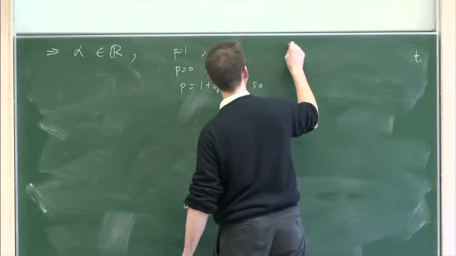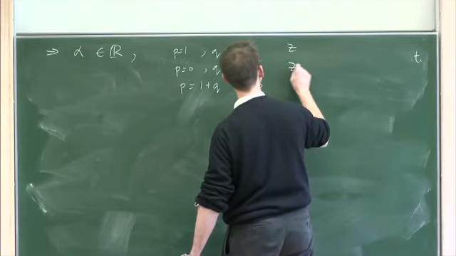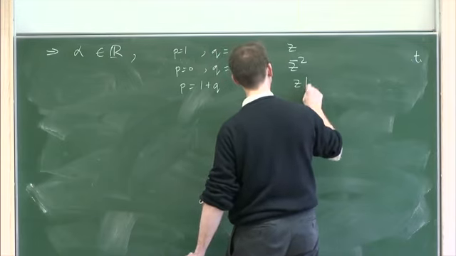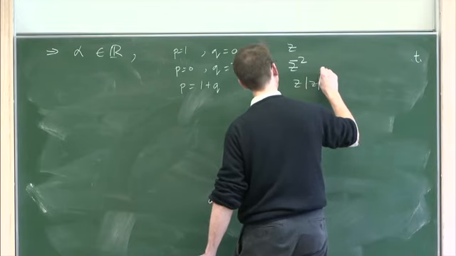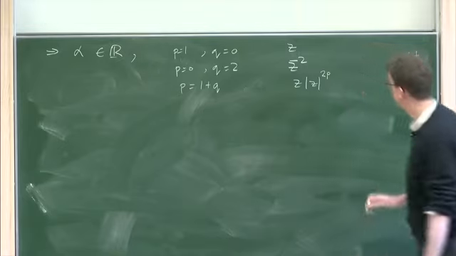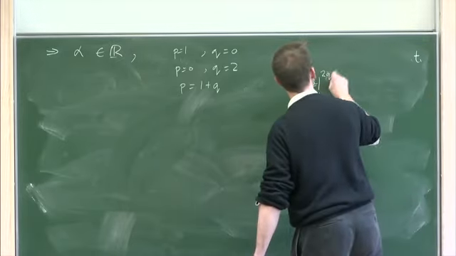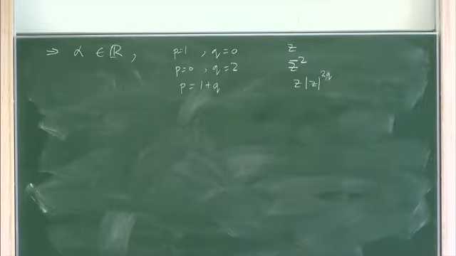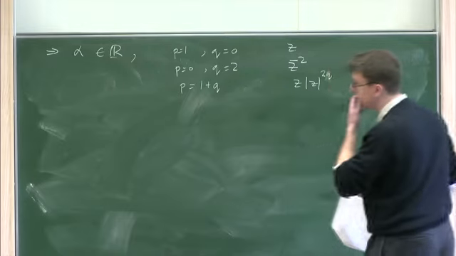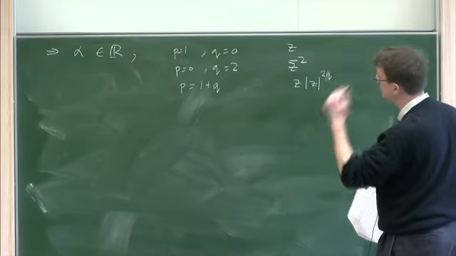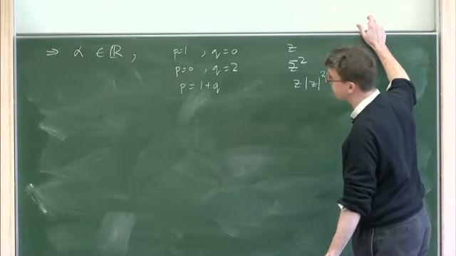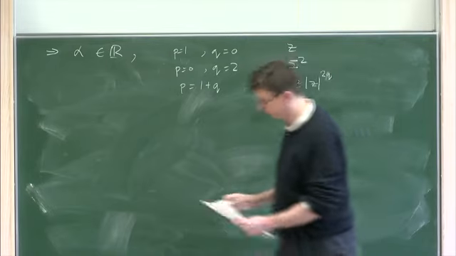So this gives me a term that looks like z, this gives me a term that looks like z bar squared, and this gives me a term that looks like z mod z to the 2p to q. So there's a complete way of writing this in terms of equivariant and invariant polynomials. This is in fact everything for this case.